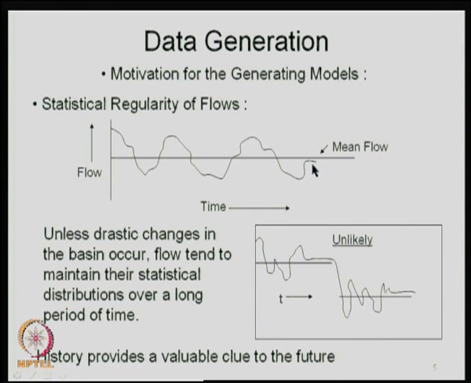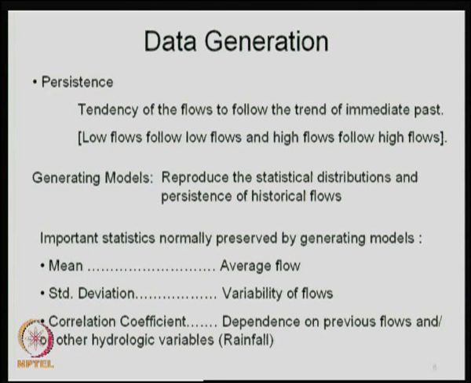So, essentially we capture the essential information content in terms of the probability distributions, the statistical parameters, and the general stochastic behavior of this particular process, as we have seen over the history, and use that information to generate values for the future. So, this is a general principle. Let us see how we do this.